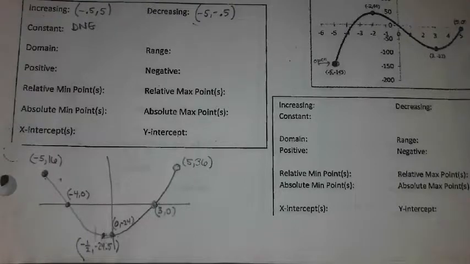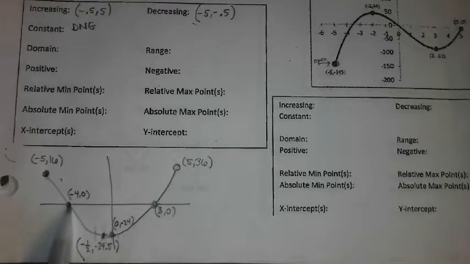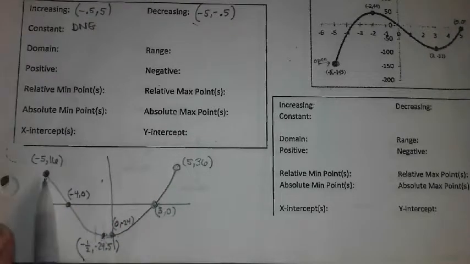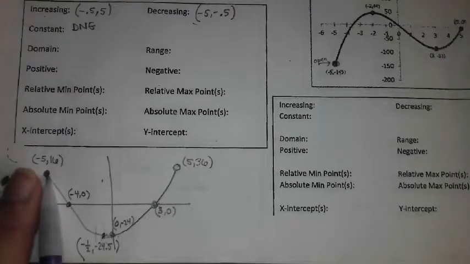Okay? Domain, what do you think? Oh boy, who haven't I called on yet? Cameron. For the domain? Domain is all the x values. No, this whole graph's x values range anywhere from -5 to 5.